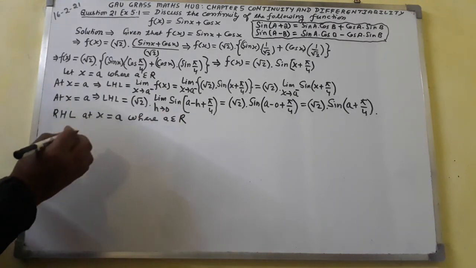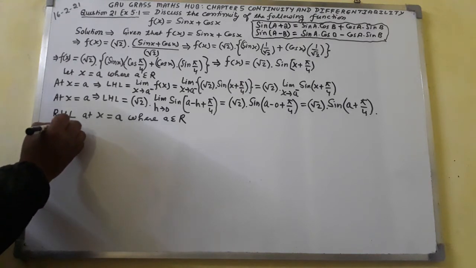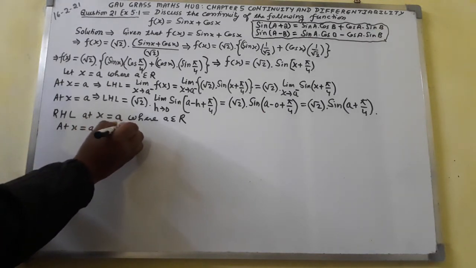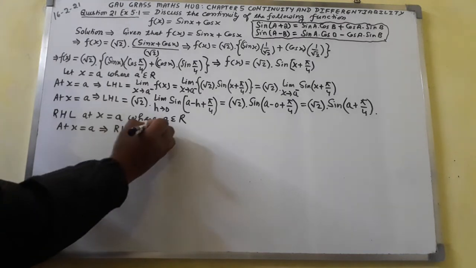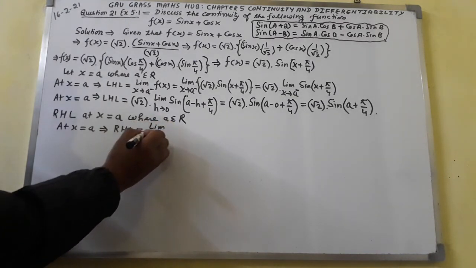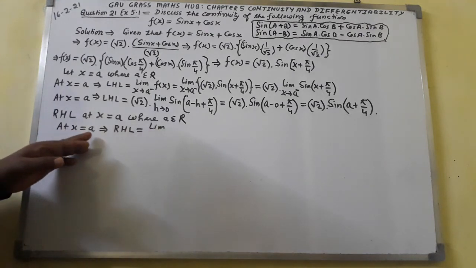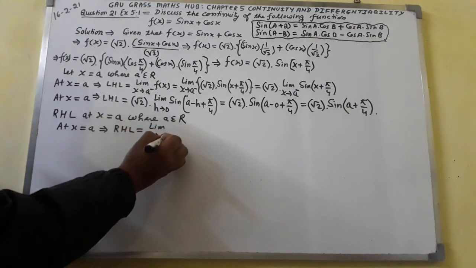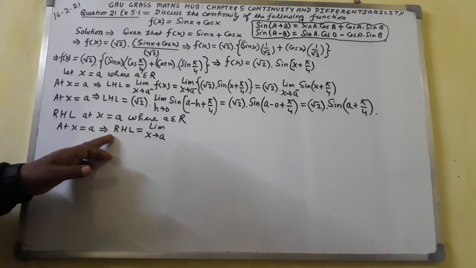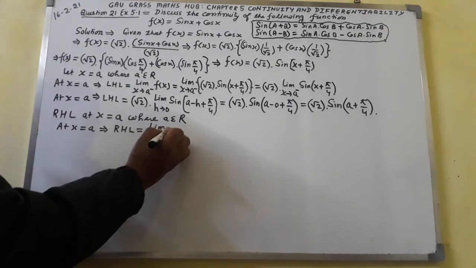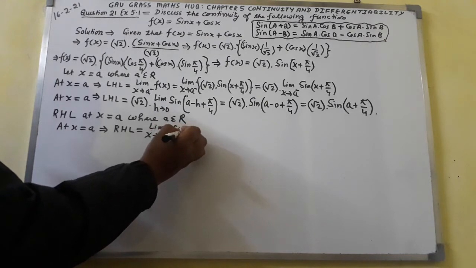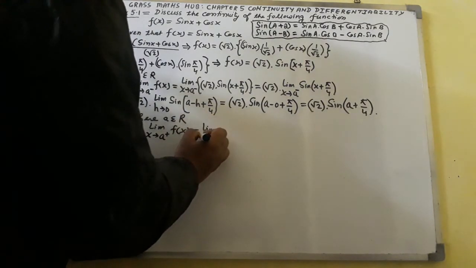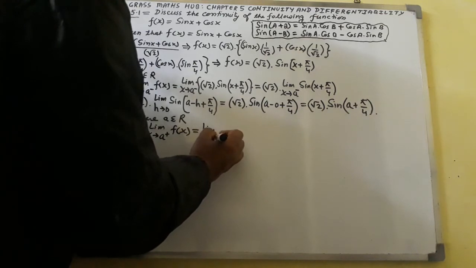So here I shall write at x equal to a implied that right hand limit equal to lim x tends a of positive, since right is written for right, here I shall write positive. f of x I shall write equal to lim x tends a of positive.